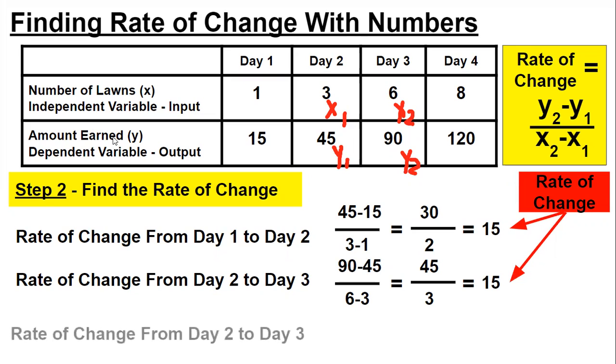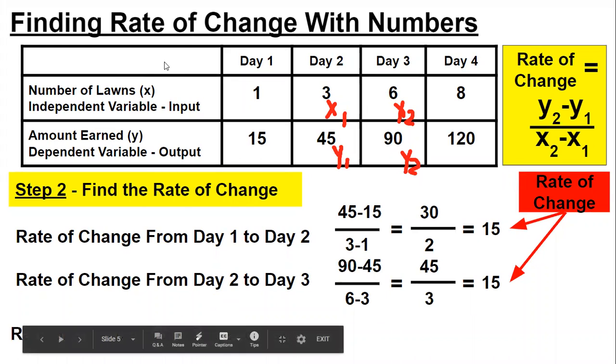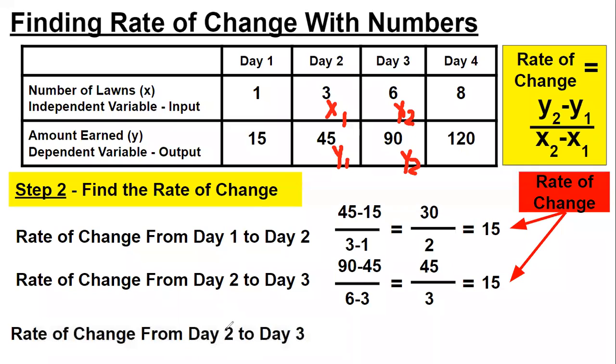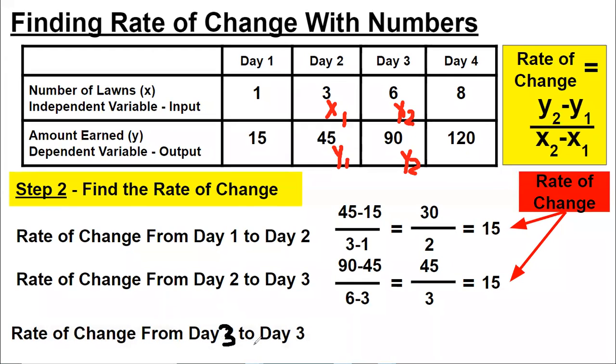And finally, I have to do my rate of change from day 3 to day 4. Typo there. So if I'm doing my rate of change now, I've got to erase and change my numbers here.